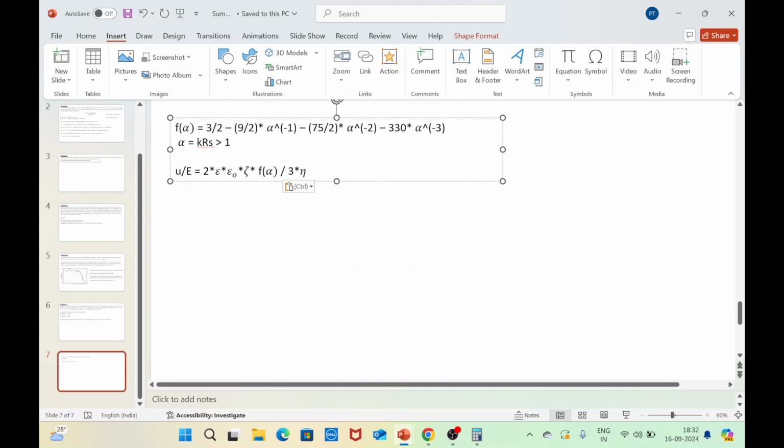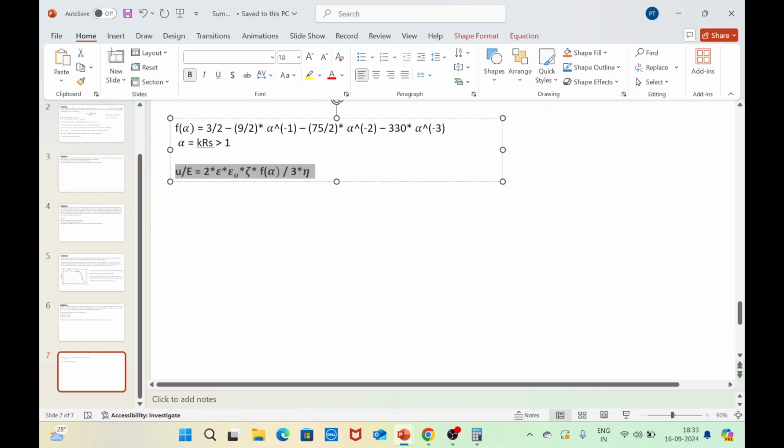So this will be your generalized expression. Based on the value of alpha, you will calculate your f of alpha and then substitute in this equation and you can get the answer.